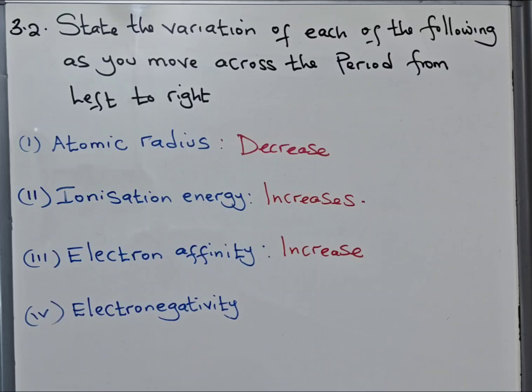So as the atom becomes smaller, its pulling power for electrons increases because the positive charge of the nucleus is closer. Whatever is pulling this electron is the positive charge in the nucleus. So if it's closer, the pulling power becomes stronger. So what are you going to conclude here? It will increase.